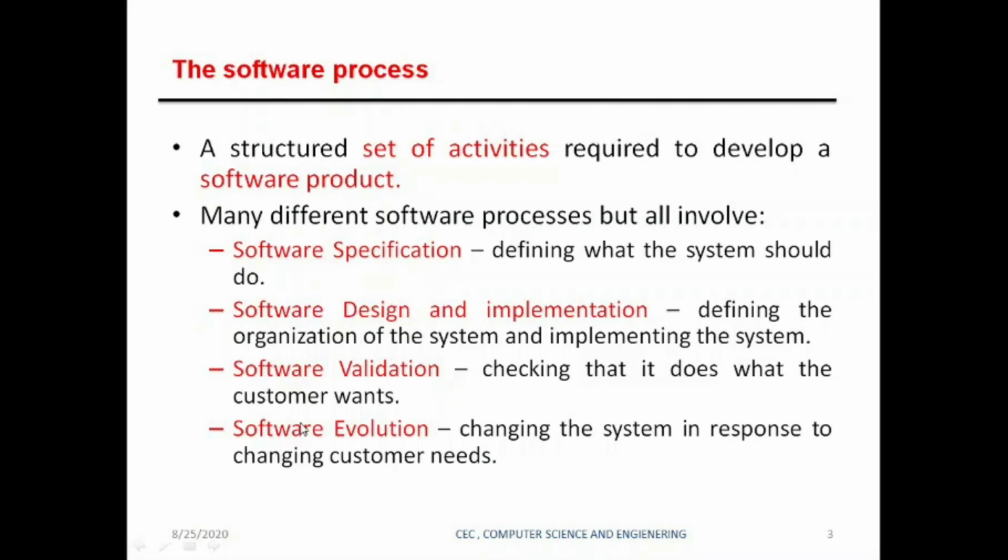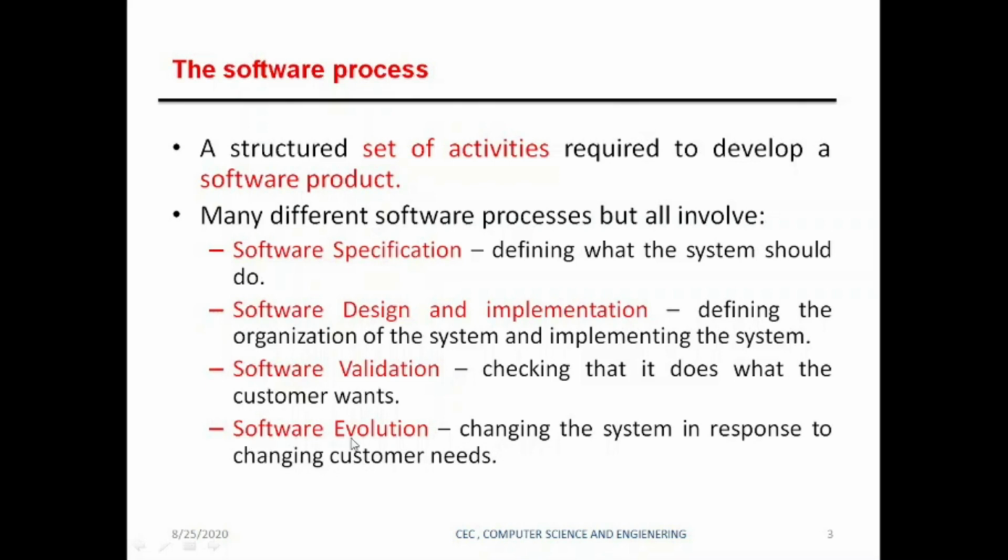The next team is software evolution. Whenever the customer requires any changes in future, or if any requirement changes during development, the evolution team will take care of the changes, and the software will evolve according to the customer's needs.